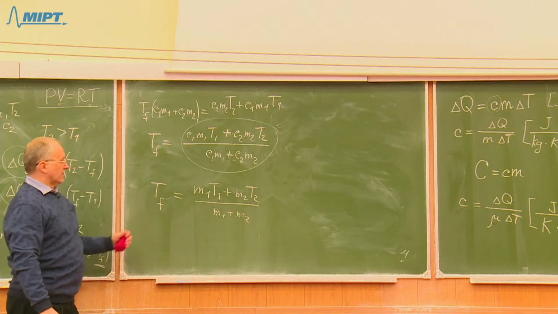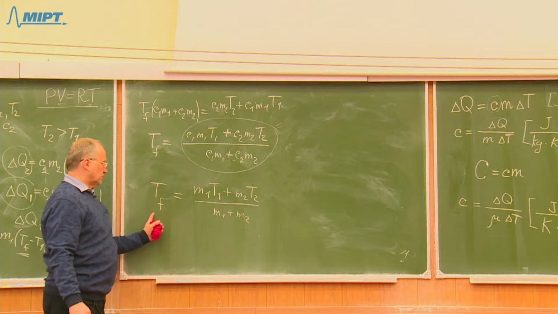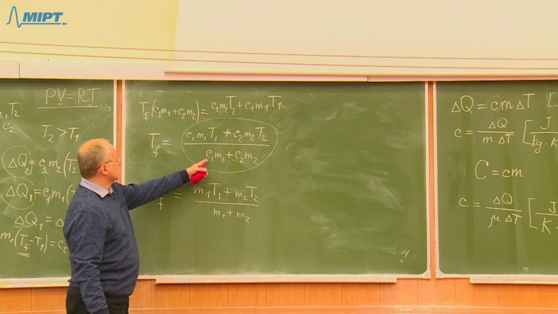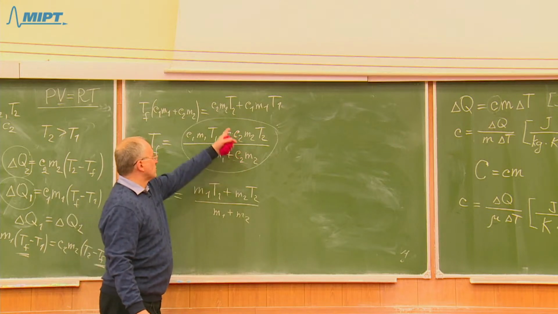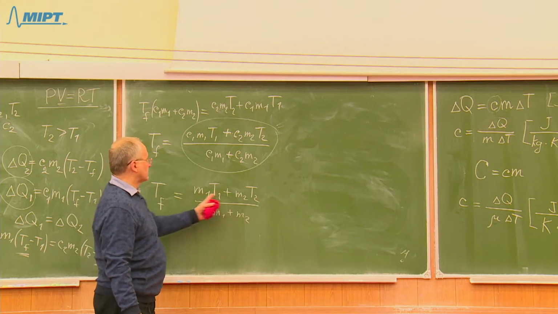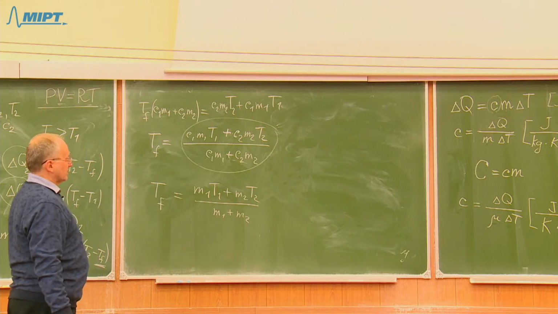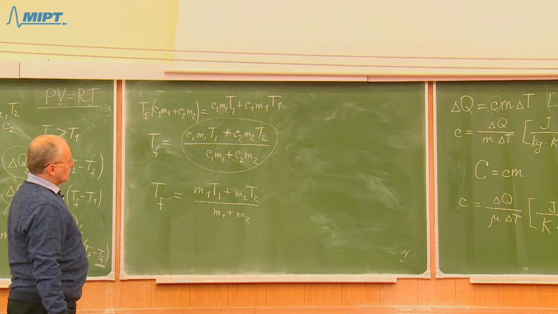If two liquids are identical, chemically identical, then the heat capacity will be the same, and this coefficient will cancel from this formula, and we will obtain a simplified expression, which includes only the masses and temperatures.